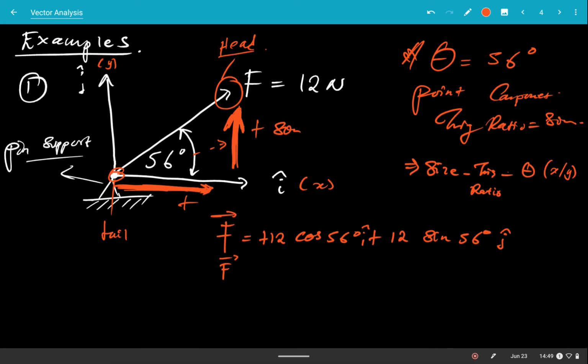After that, all you have to do is compute this. Once you compute, you have some values, so you simply get your calculator and punch in these values. You say 12 times cos 56, and you get something like 6.710314, just to mention a few values, in the i.